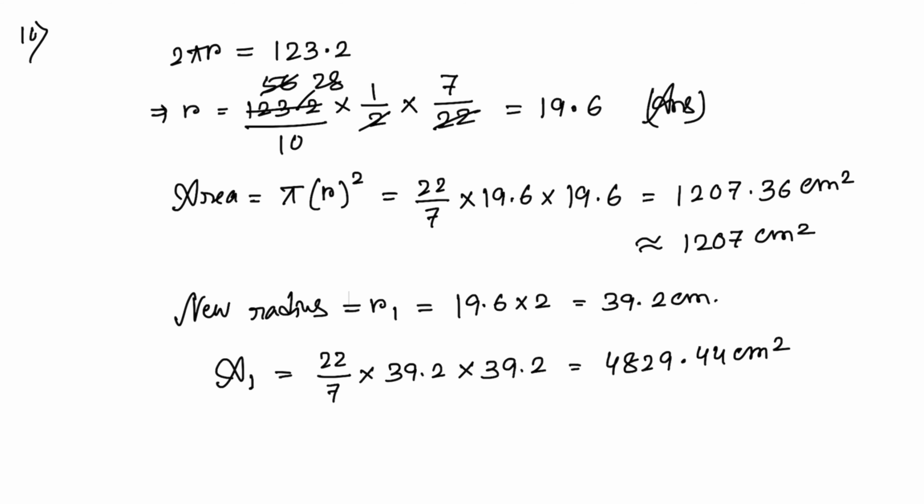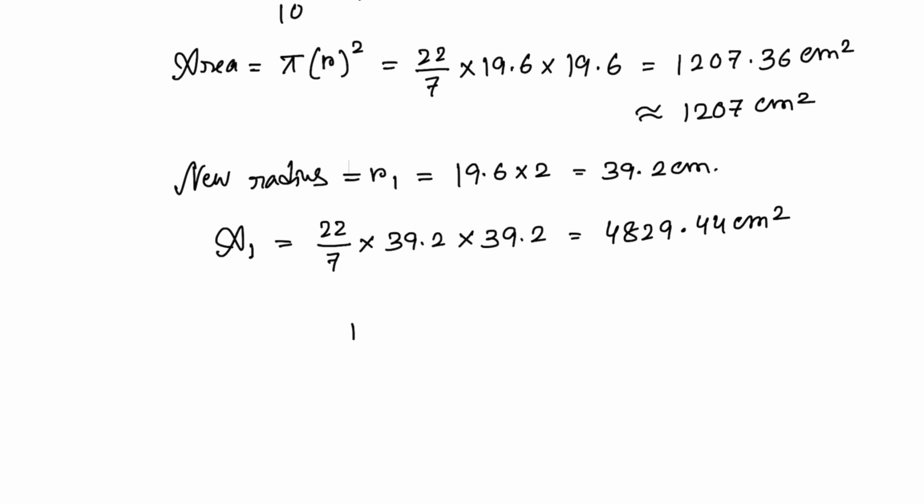If you divide this by the previous area, that means 4829.44 divided by 1207, it's near about 4 times. So that means previous area into 4 equals the new area. So that is your answer.